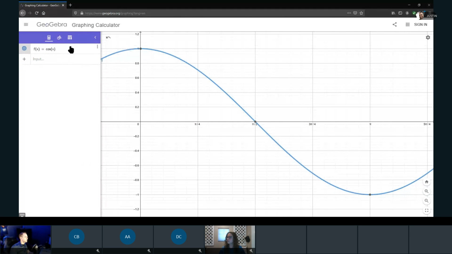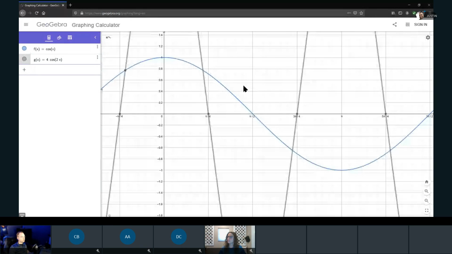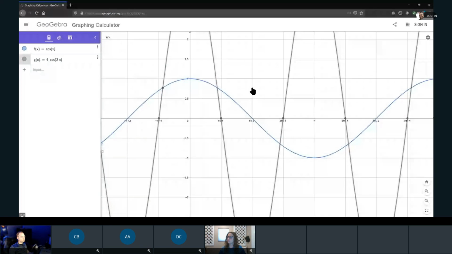Let's make that 4 cosine. There we go. Zoom out a little bit.